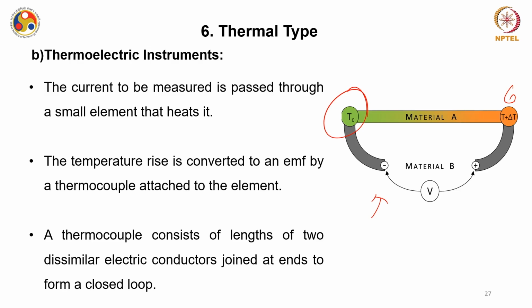But for the time being, understand that this is a temperature measuring device which measures the temperature by measuring the EMF between the two junctions which are at different temperatures. One is colder, known as the cold junction, and another is known as the hot junction, and this is again based on the thermoelectric effect.